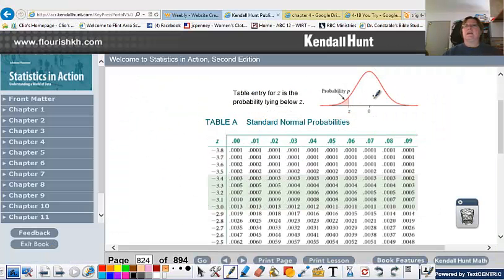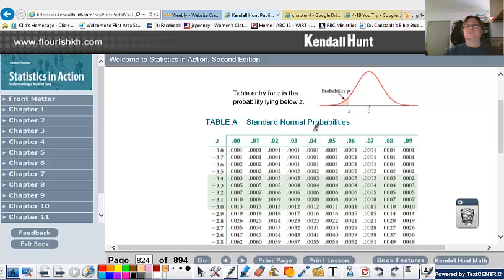This table is in the inside back cover of your book, and I will also make sure that you get a paper copy of it. The way the table is set up, z-scores are the designation in the leftmost column. So each row talks about a z-score. The columns are hundredths. If you'll notice, these go to whole point tenth.